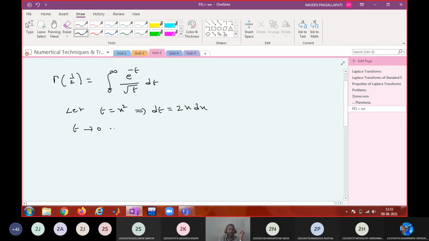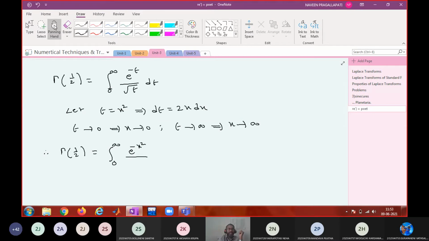As t tends to 0, x also tends to 0. Also, as t tends to infinity, x square tends to infinity. Therefore, x also tends to infinity. Therefore, gamma 1 by 2 becomes, limits will be the same, they are not changing, e power minus x square by root t.